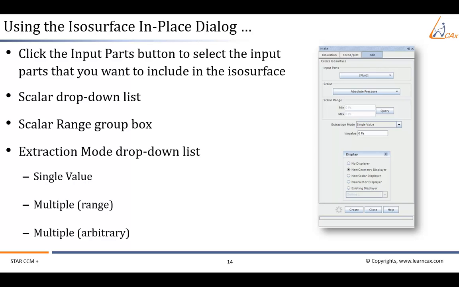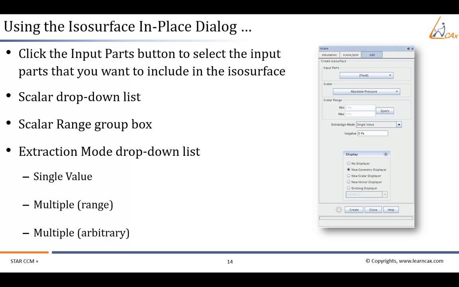Minimum iso value. In this, we enter the lowest scalar value or use the value that *CCM+ generates when you click the query button. Maximum iso value. Here, we enter the highest scalar value or use the value that *CCM+ generates when you click the query button.